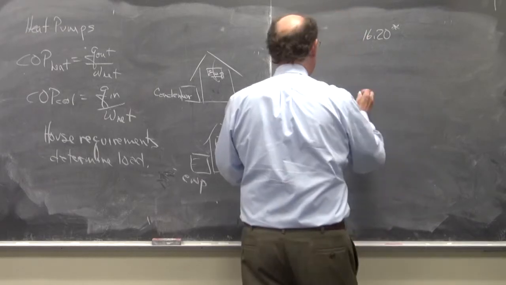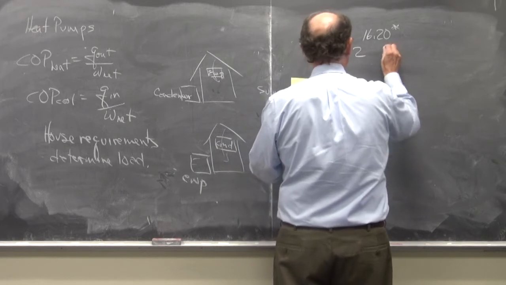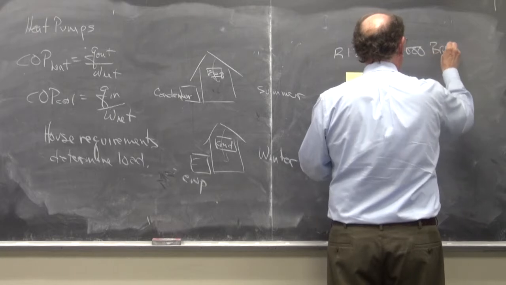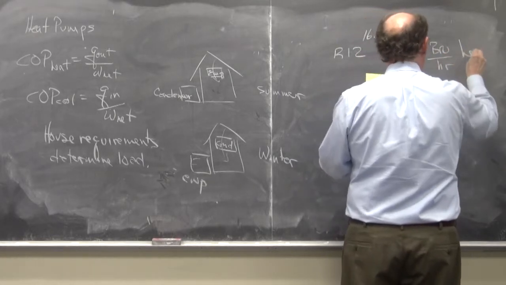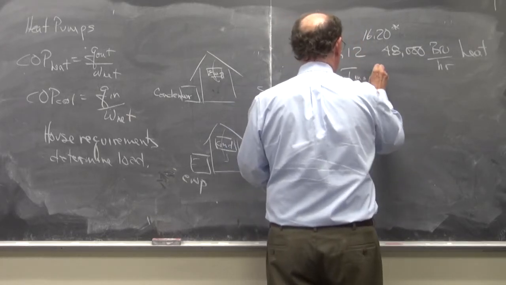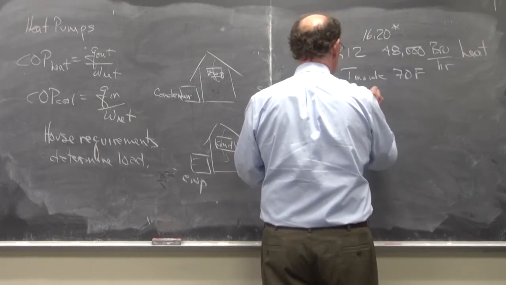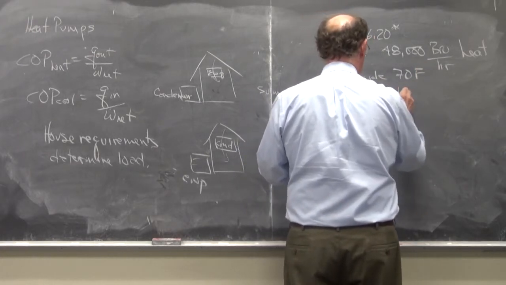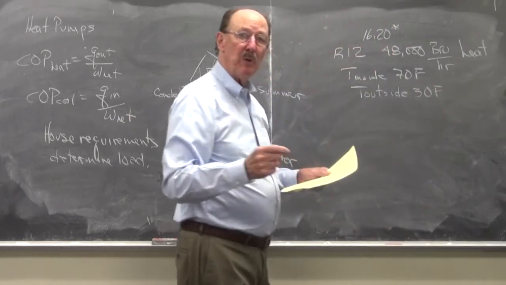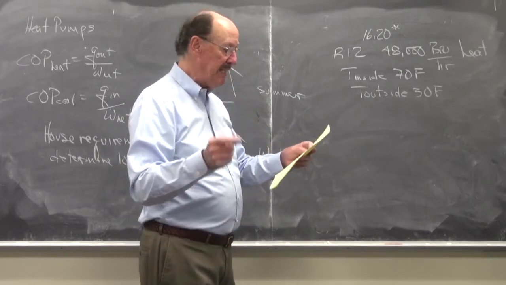In this problem, we have R12 vapor compression. We have 48,000 BTUs per hour of heat needed. T inside is 70 degrees Fahrenheit. T outside is 30 degrees Fahrenheit. And we're going to introduce the idea of a pinch point, or the minimum temperature difference between the heat exchangers.